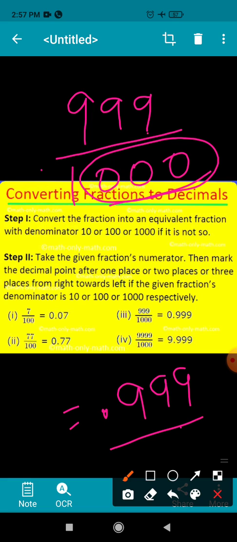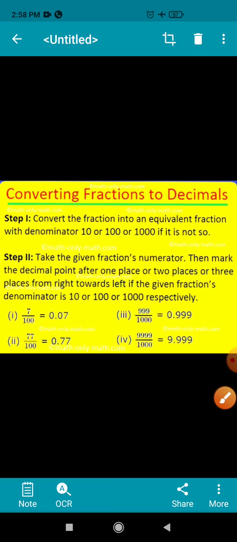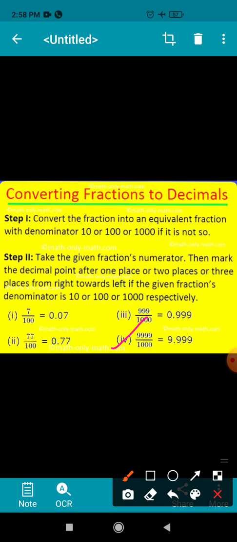So, the answer will be 0.999. Similarly, 77 upon 100 can be written as 0.77.